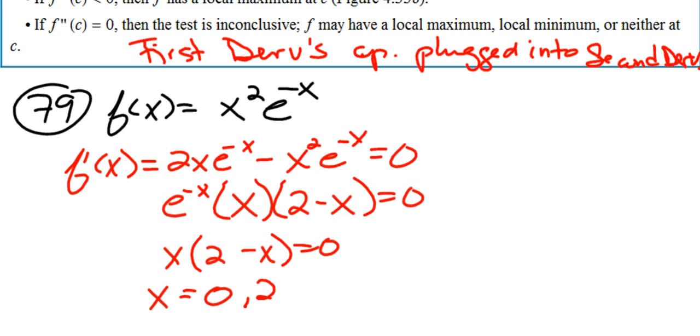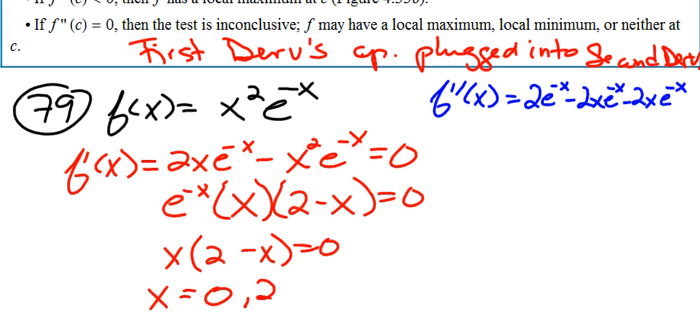If I find the second derivative, which gets messy, I should have 2e to the negative x minus 2x e to the negative x minus 2x e to the negative x minus x squared e to the negative x. Oh my goodness.